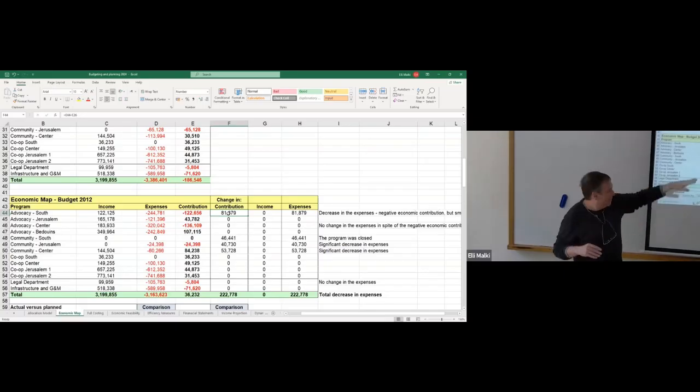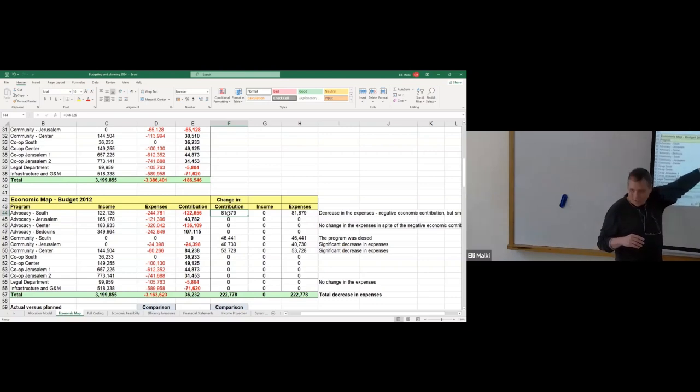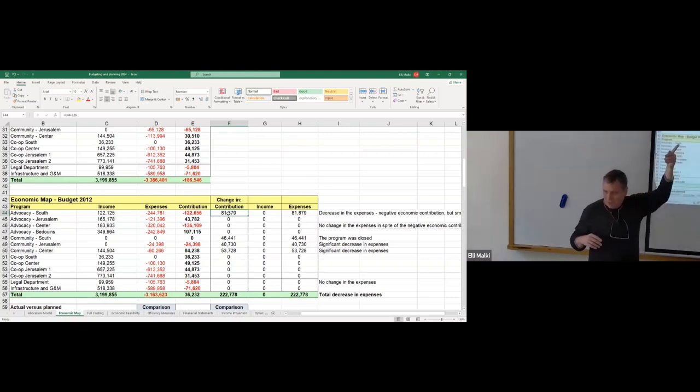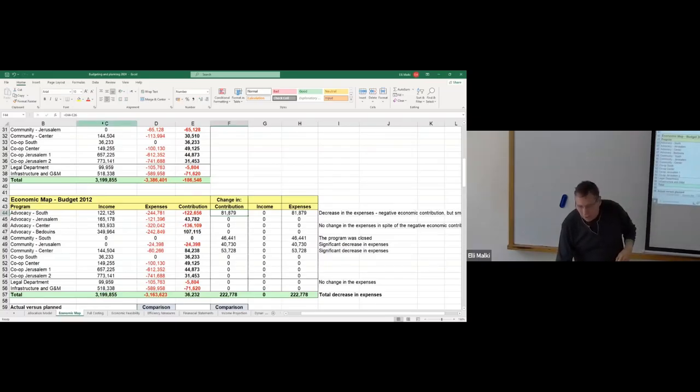The future scenario minus the base scenario. Let's see it. Here we have a positive change in contribution of almost 82,000.